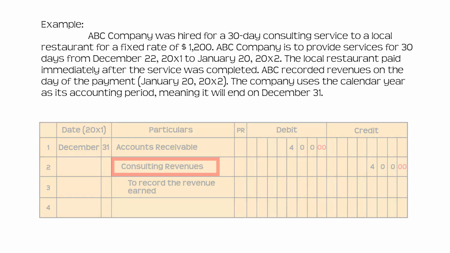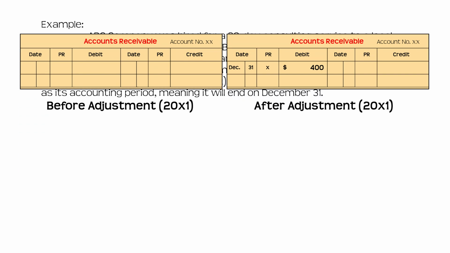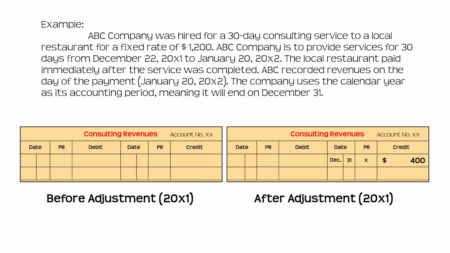Before adjustments, the accounts receivable account of ABC Company is 0. And after the adjustment, the accounts receivable increased by $400, the same increase as the consulting revenues account. The revenue would be improperly recorded on January 20, 20X2 if no adjusting entries were made.